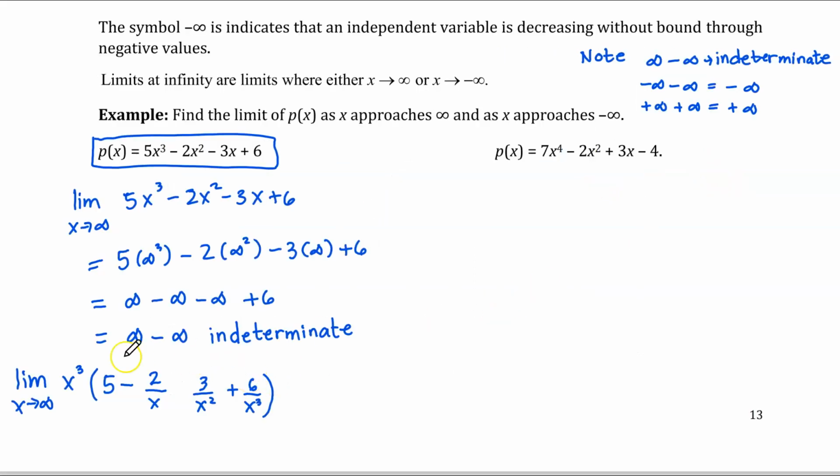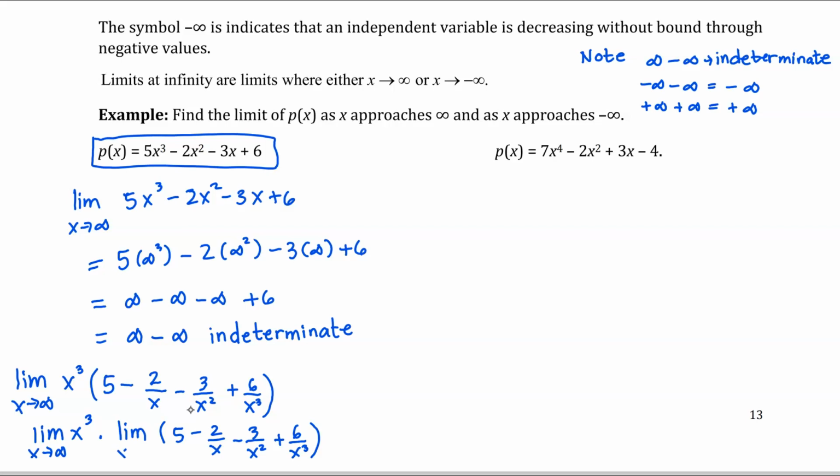Now we apply that to the given expression, because using properties of limits, this is the same as the limit of x cubed as x approaches positive infinity times the limit of the factor 5 minus 2 over x minus 3 over x squared plus 6 over x cubed.